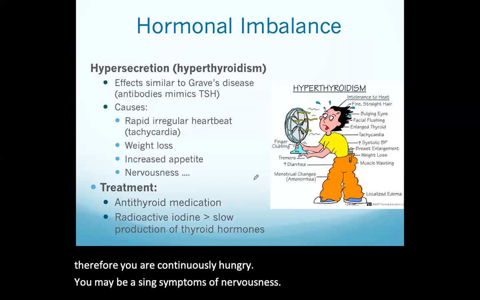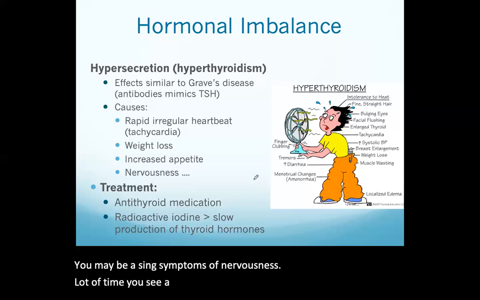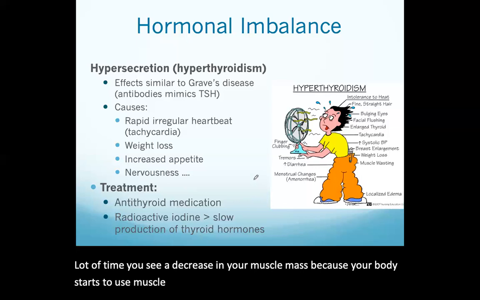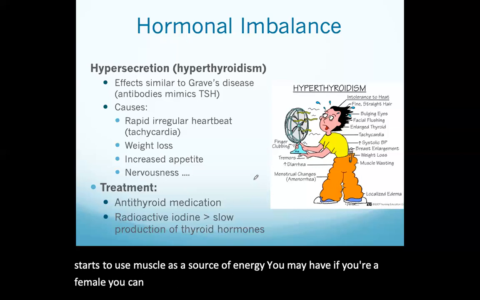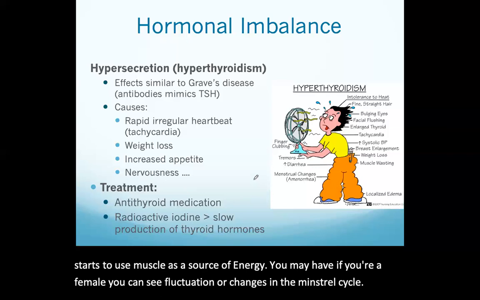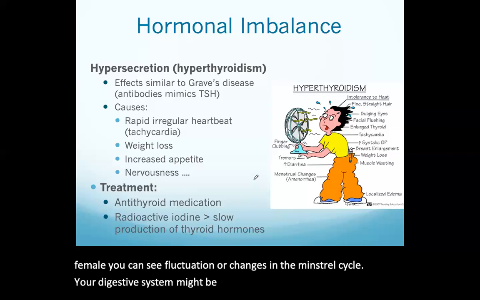A lot of the time you see a decrease in your muscle mass because your body starts to use muscle as a source of energy. If you're a female, you can see fluctuation or changes in the menstrual cycle. Your digestive system might be overworked, so you will see signs of diarrhea.